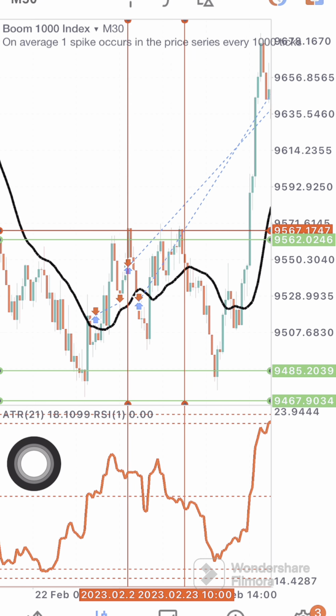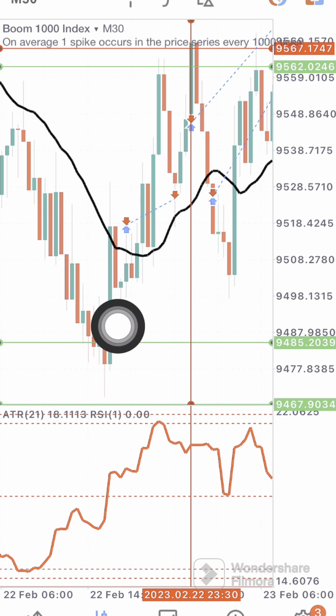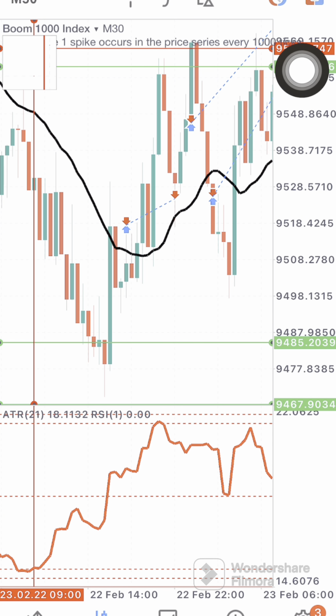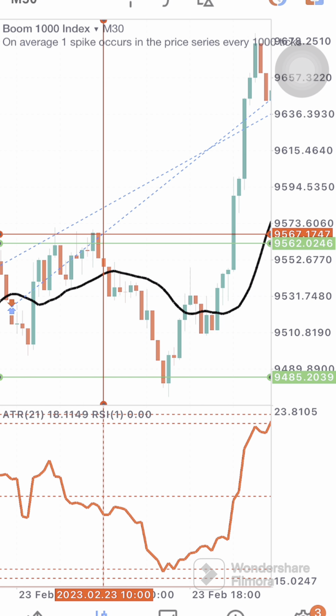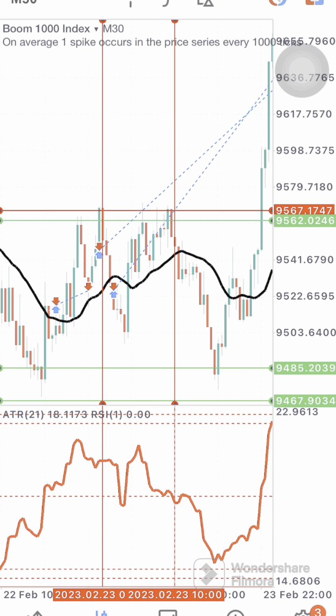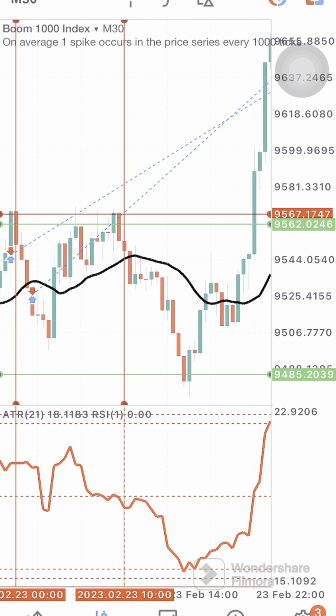For example, here you can see this is a hammer that rejects this level and pushes the price upward. The same thing applies here. If you look at this level, this is a bullish engulfing pattern that will push the market upward.